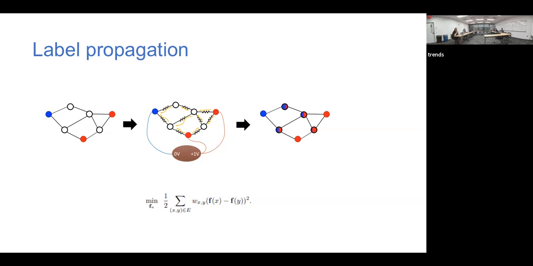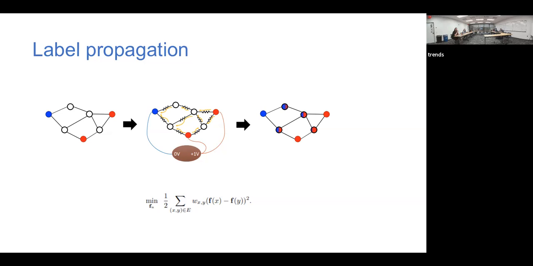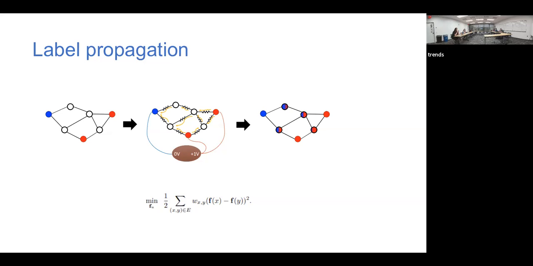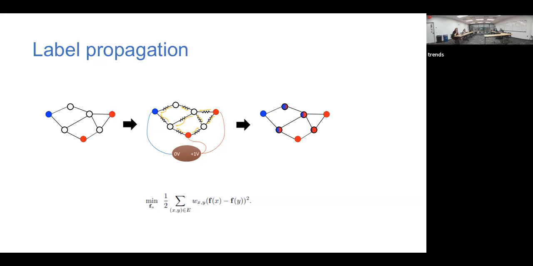That does make sense. So F is our model, and it is putting out those assignments of labels. By finding the F that minimizes this function, it's a good label assignment.